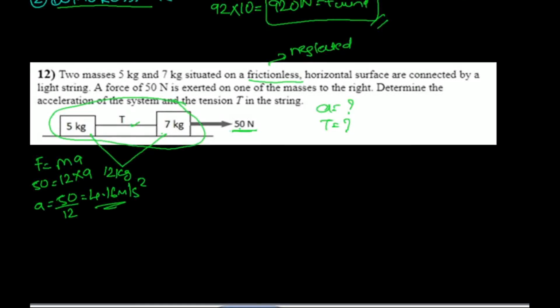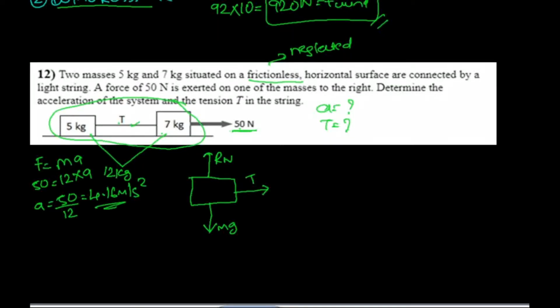So in order to determine the tension in the string, we need to consider the free body diagram. For the free body diagram, this is the normal force acting in the upward direction due to the weight acting downwards, and this is the weight acting in the downward direction, and this is the tension.